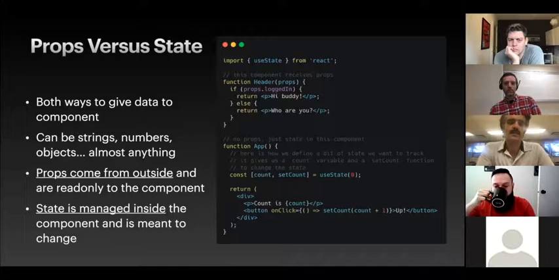So props come from outside a component, down from a higher level. They may come from the root of your application all the way down to a tiny button, 5 layers deep, 20 layers deep. And they're read only to the component. So the component can trust they always are going to be the same.